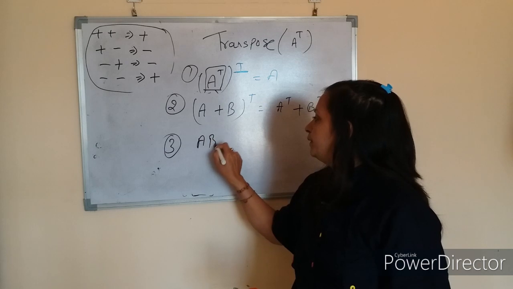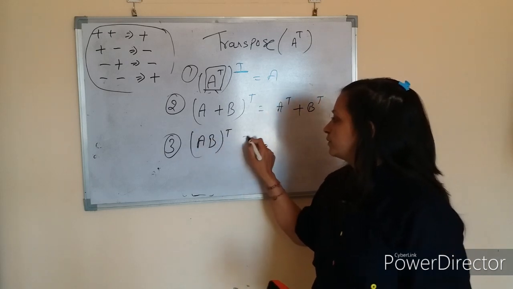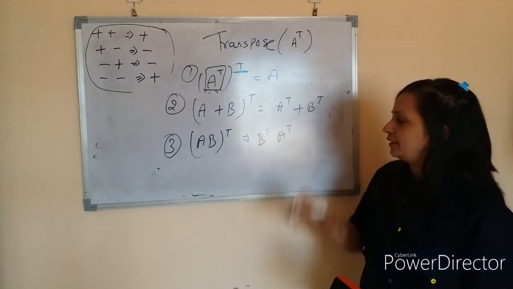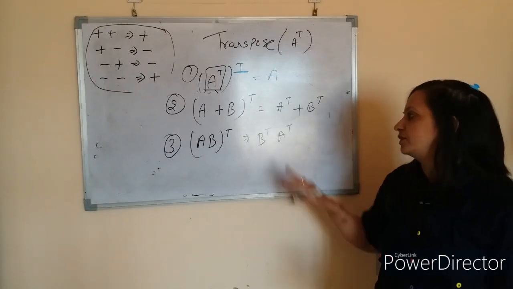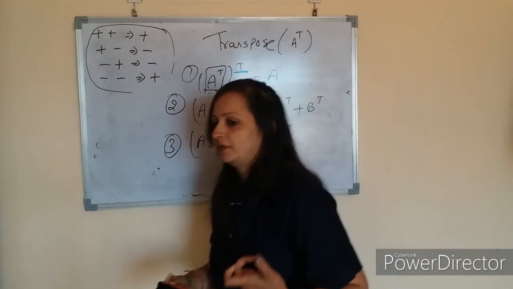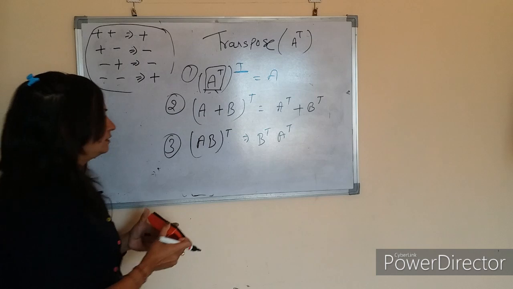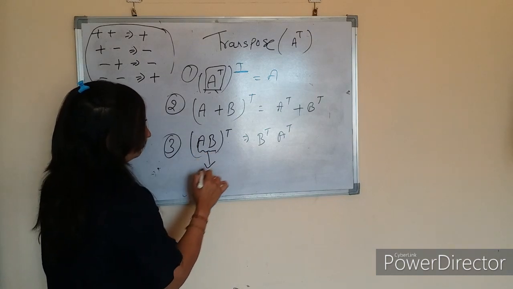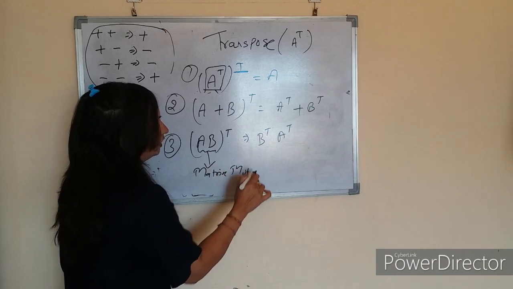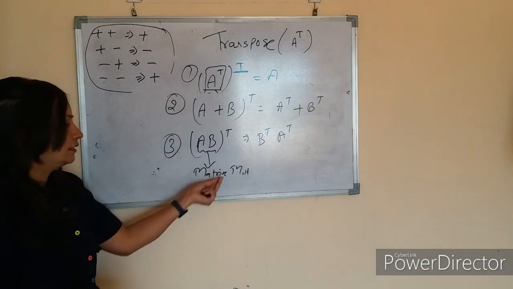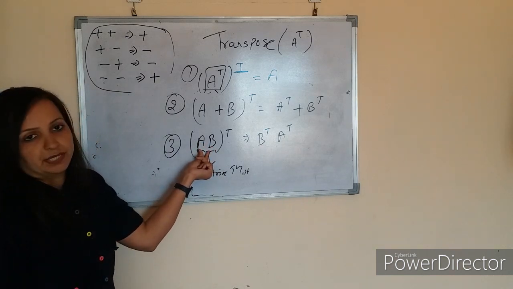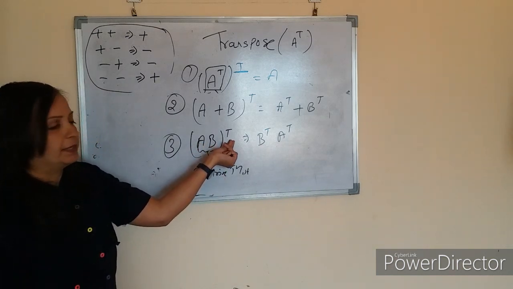In the same way, if I say (AB) transpose, then what will I get here? There is a trick. It will give me B transpose into A transpose. Here AB is matrix multiplication, which topic we have skipped and we will complete it in the next video, that is matrix multiplication.